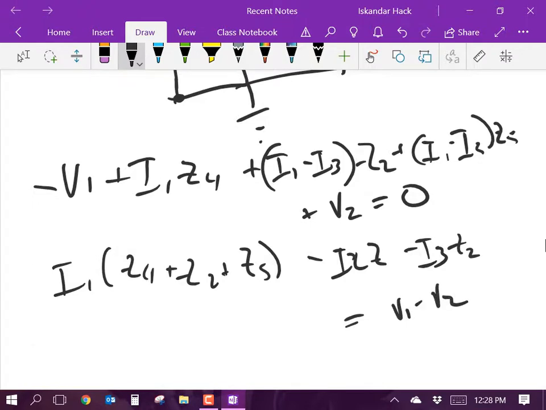Now these two, when you're solving matrix equations, are usually known. What's not known is I1, I2, and I3.